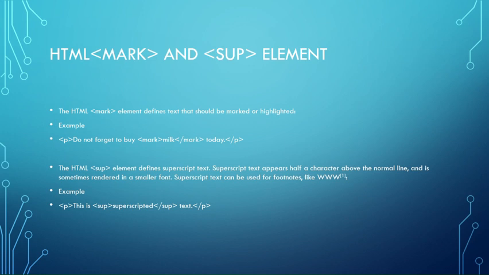Superscript text appears half a character above the normal line and is sometimes rendered in smaller font. Superscript text can be used for footnotes like www. Example, this is superscripted text. So let us try it.